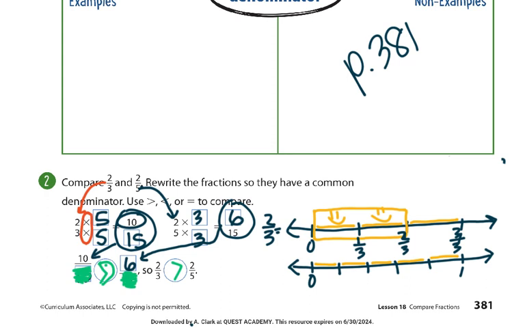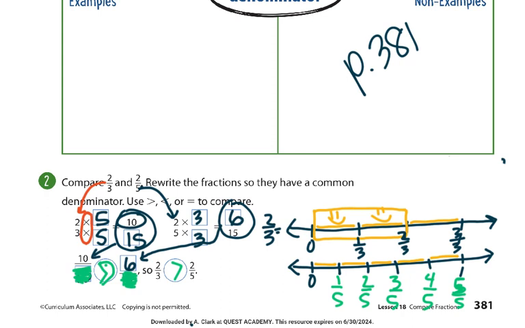If my denominator is 5, what is 1 whole worth? 5/5, right? Okay. So when I'm labeling my number line, I put a denominator. It's the same all the way. What's the next number after a 0, Caleb? What's after 0? It's a 1. What's after that? And we're at 5/5, which is equal to 1 whole.